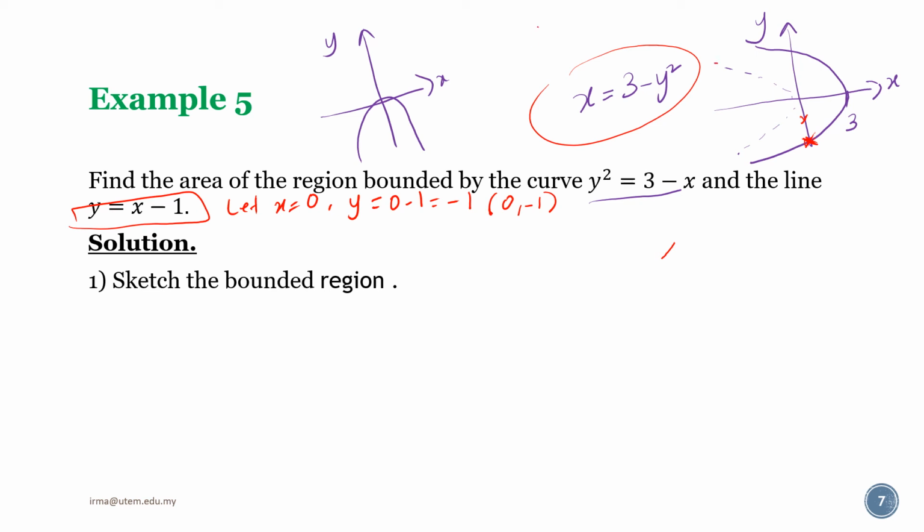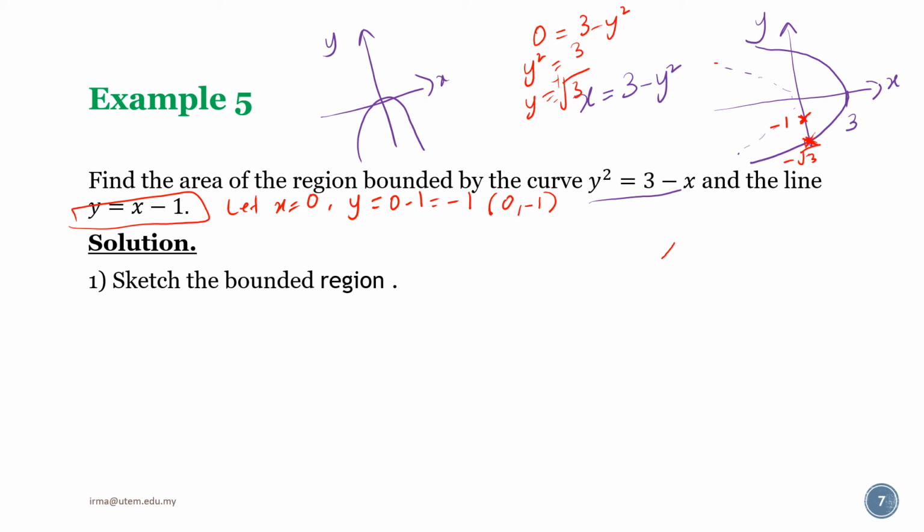So we have 0 equal to 3 minus y squared, so y squared equal to 3, and then y equal to plus minus square root 3. So over here is negative square root 3, and negative 1 you have over here.